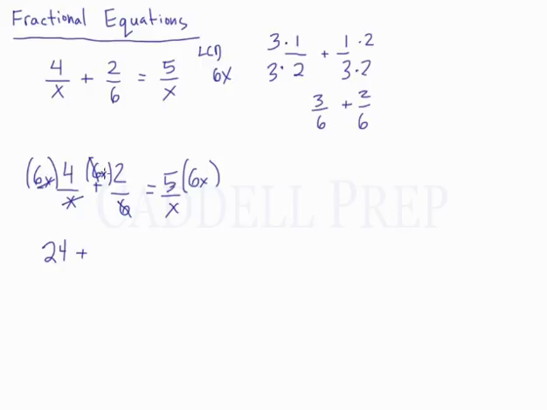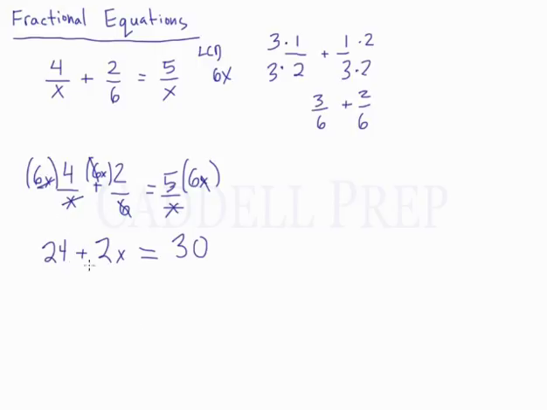So we just have x times 2, which is 2x. And on this side of the equal sign we have 5 times 6 times x, all divided by x. And again the x's cancel out. So we just have 5 times 6, which is 30.